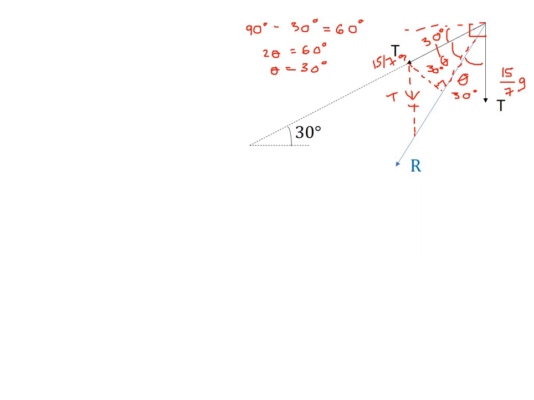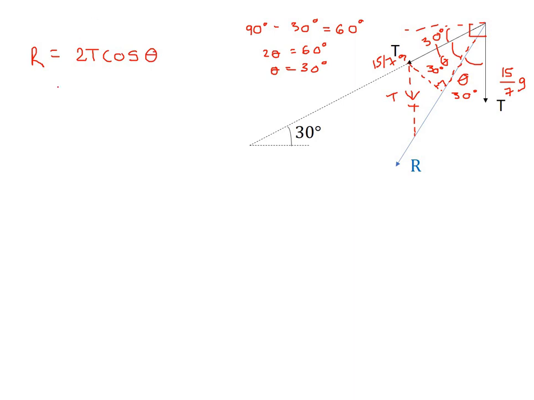So I could say that I've got this line here is going to be T cos theta. So because I've got basically an isosceles triangle, I can just say that R is equal to 2T cos theta. Does that make sense?